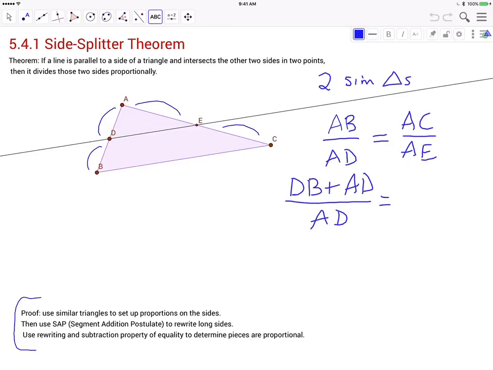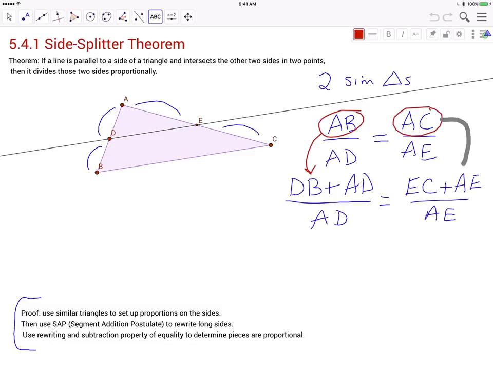And the segment addition postulate on the other side also says that AC is EC plus AE over AE. So just stopping there for one second, all I have done is rewrite AB this way, and I've written AC this way using the segment addition postulate, SAP, from the past.